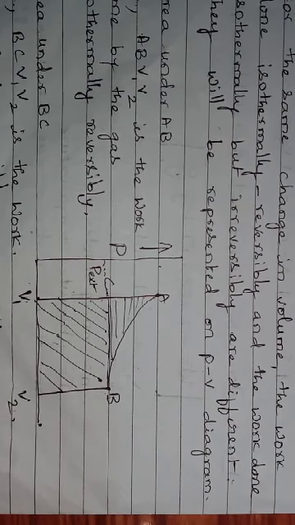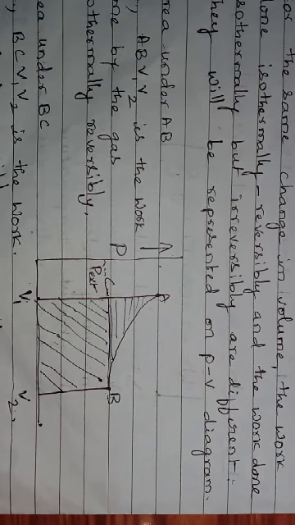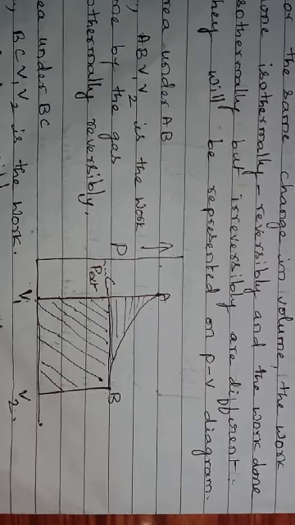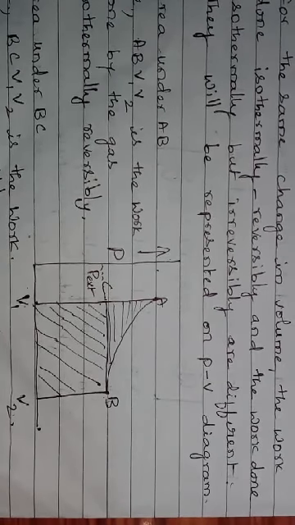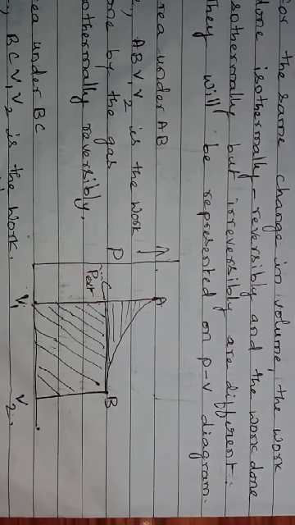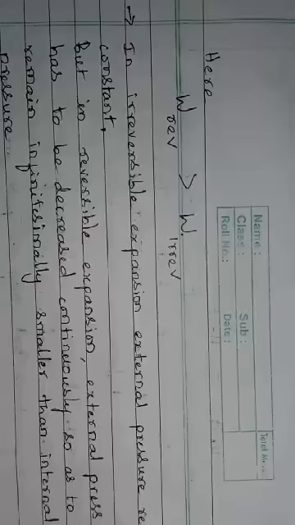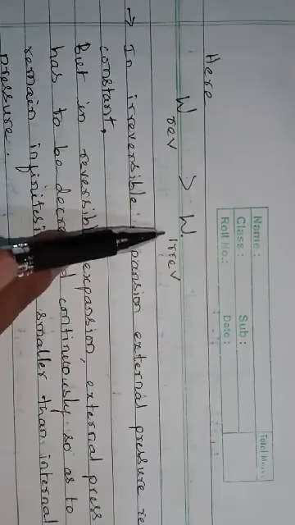Because of that difference in the P value, we have two different works. Reversible work is the maximum work, whereas irreversible work is the minimum work, or not maximum. So here W reversible is always greater than W irreversible.